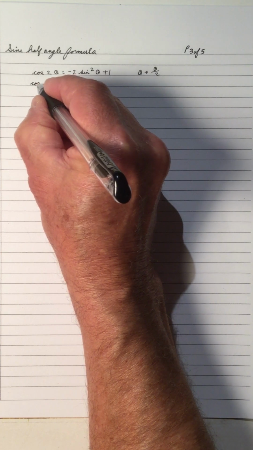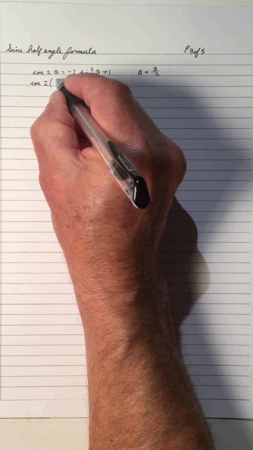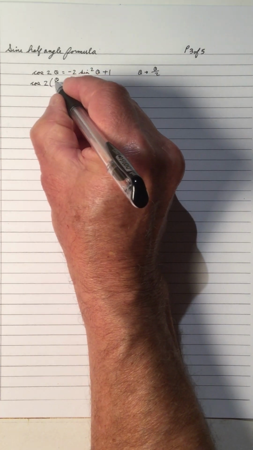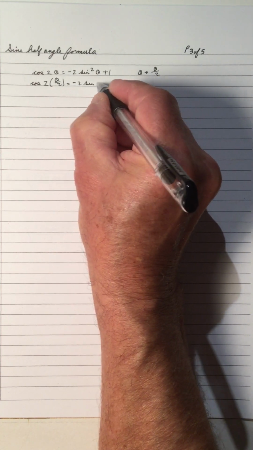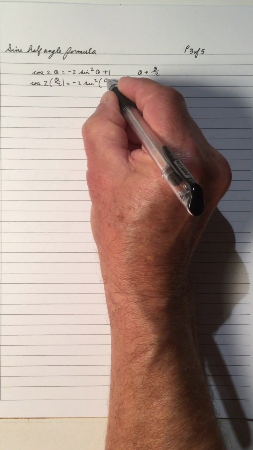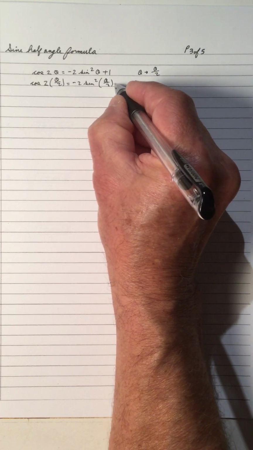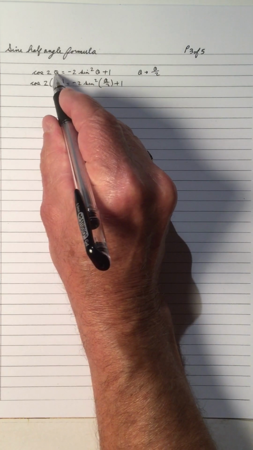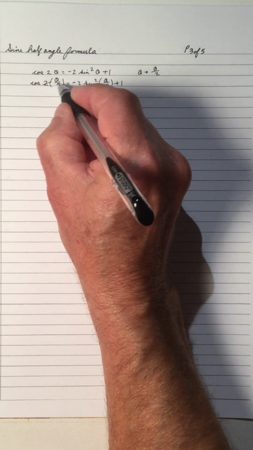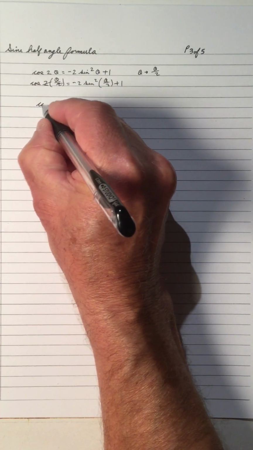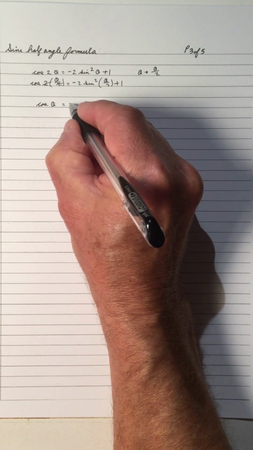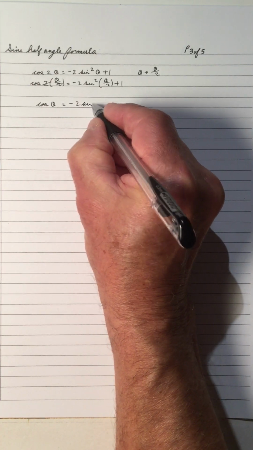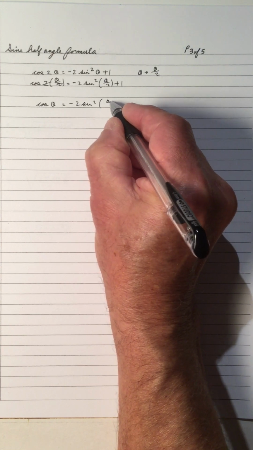So the cos of 2 times theta over 2 equals negative 2 sine squared theta over 2, plus 1. The 2's cancel, and I get cos theta. And just rewrite this side here, because there's no change to it.